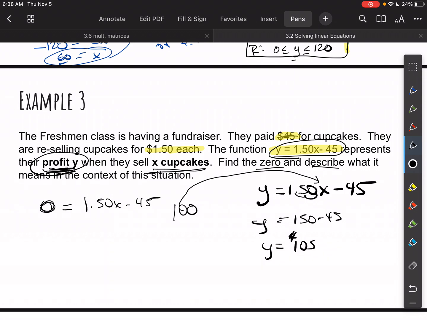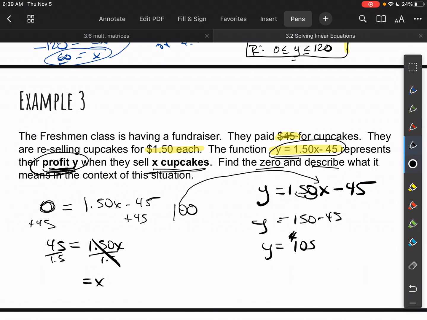So if I do that and solve, trying to get the x by itself, I get $1.50 times x equals 45. Divide both sides by 1.50, which is the same as 1.5.